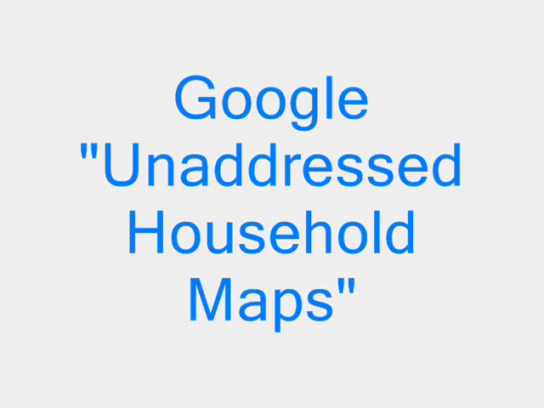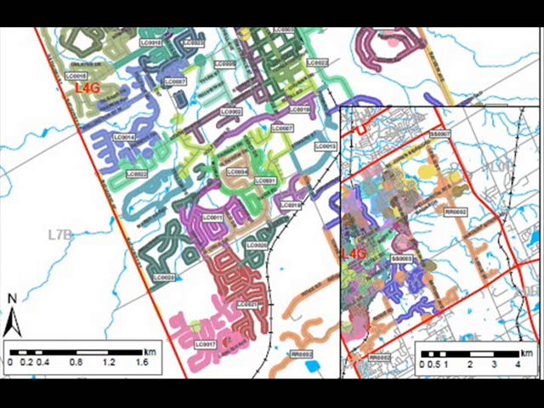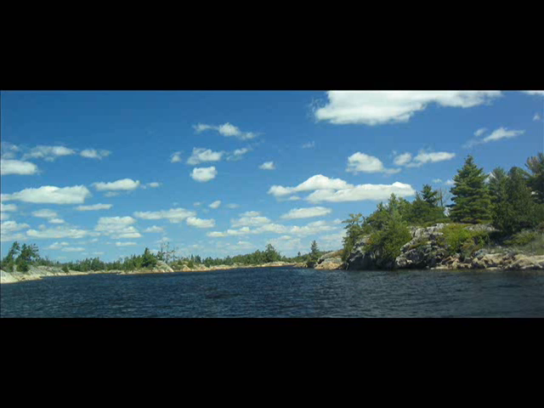You want to Google unaddressed household maps and follow the links to your town, and then double click on the maps and drill down so that you should be able to see walk routes, once again in different colors. Rural routes are a bit trickier, a bit more challenging, and you may have to deal with just dropping all to a gigantic rural area instead of walk routes.